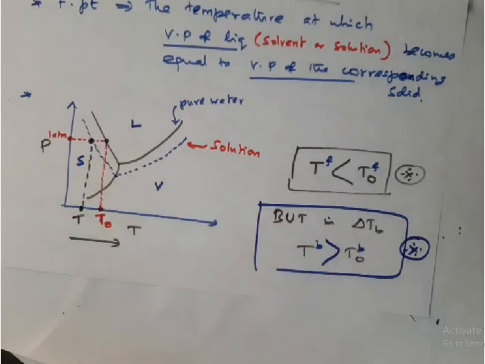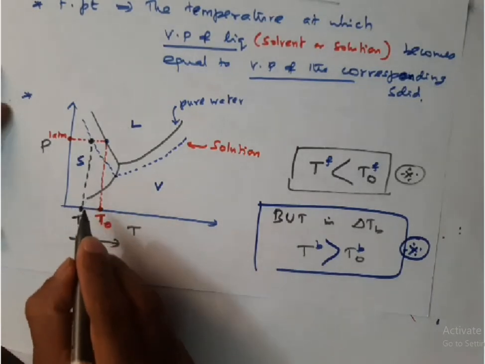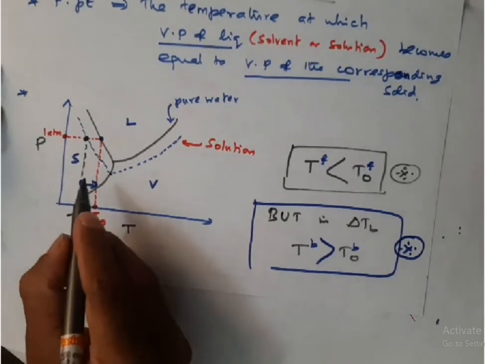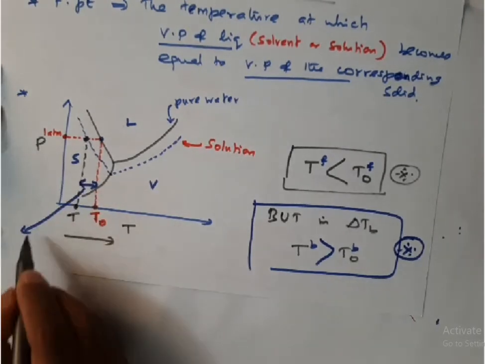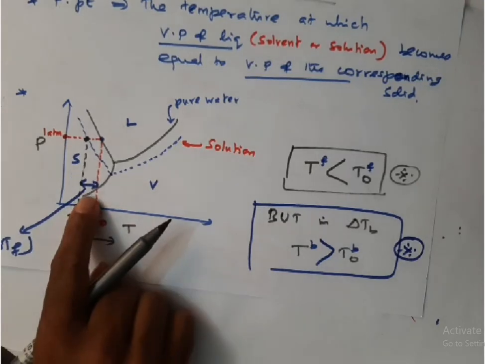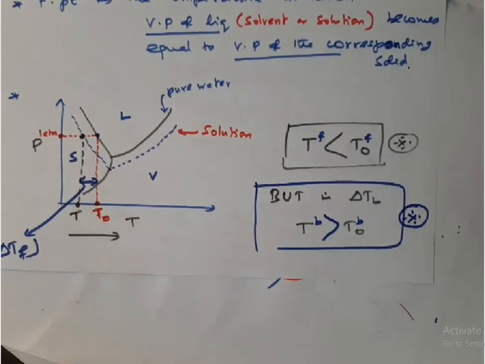This is for depression in freezing point, and this difference is what we call delta TF. Delta TF is the difference between the freezing point of pure solvent and the freezing point of solution.